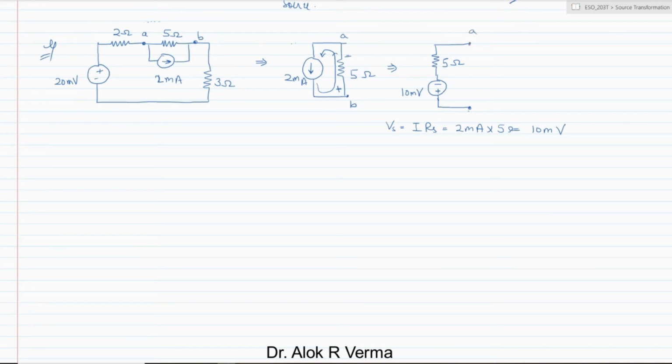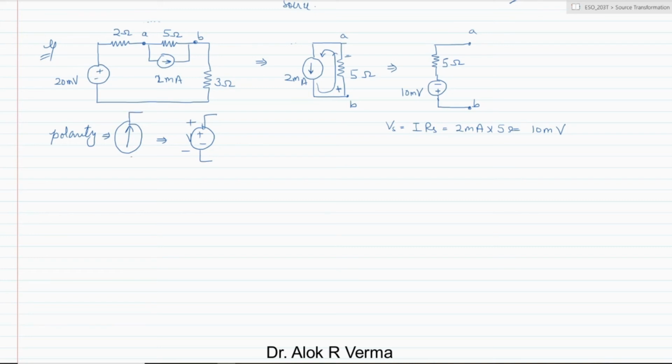So basically the polarity deciding factor: if you want to decide the polarity, the direction of the current source which is pointing will result as positive in the case of the voltage source.